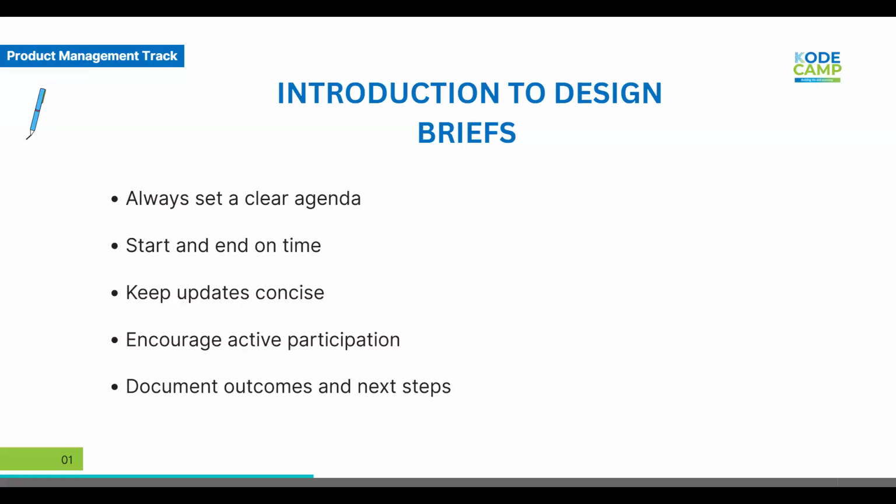A design brief is your way of saying to the design team, this is what we're building, this is who we're building for, and this is why we are doing it. Here's what we need, and here's how success will look at the end. And that's it. It's not a novel, right? It's not a series of verbose, vague suggestions.